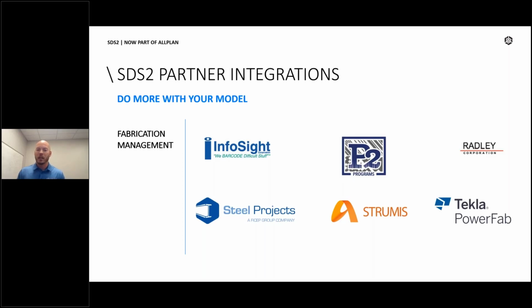Strumis, we output their, I believe it's a BSWX format, their native file format. And Tekla PowerFab, we communicate with them via XML and IFC files. And if you're still kind of old school, you might just be using a simple KISS file to transfer information to any of those also.